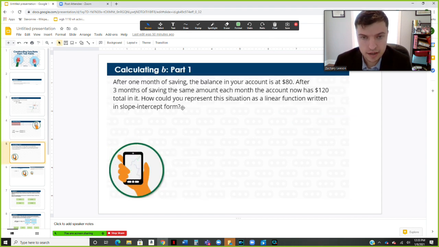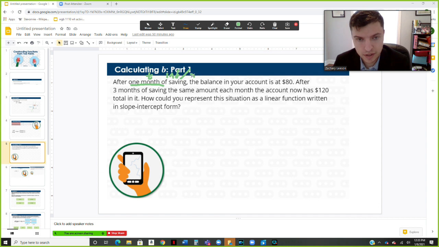So now I'm trying to save some of my money because I want to be able to retire at some point. I just started saving, and my balance in my account after 1 month, and month, that's a time word, 99.99999% of the time is going to be an independent variable, or X, just heads up there.